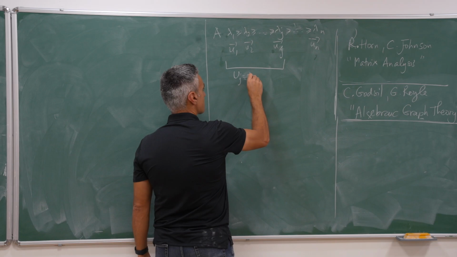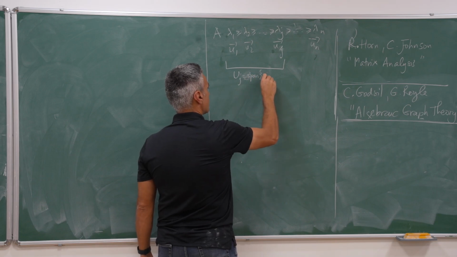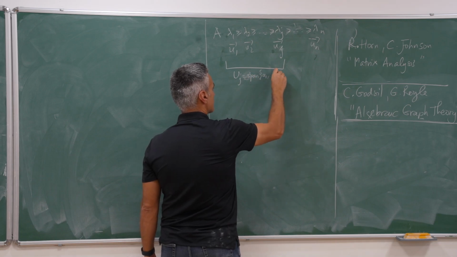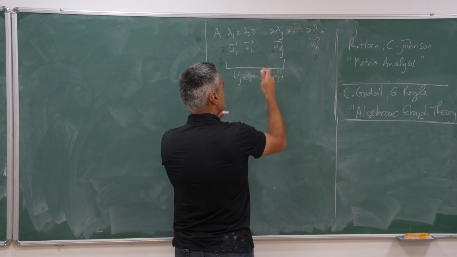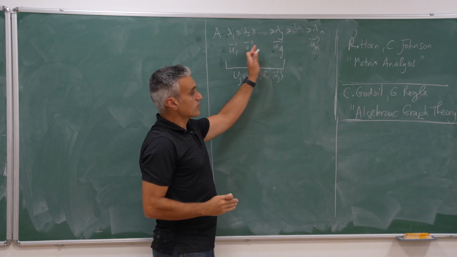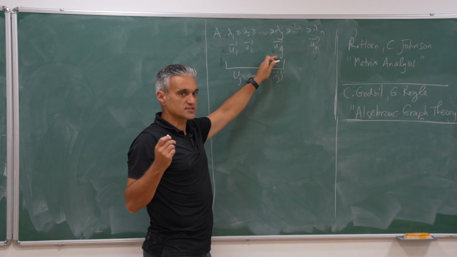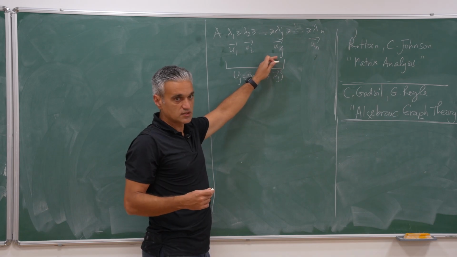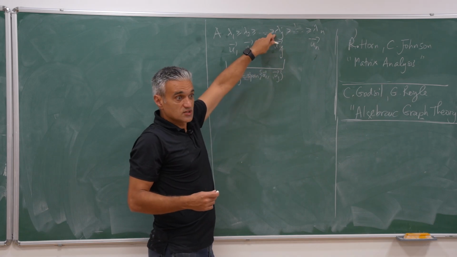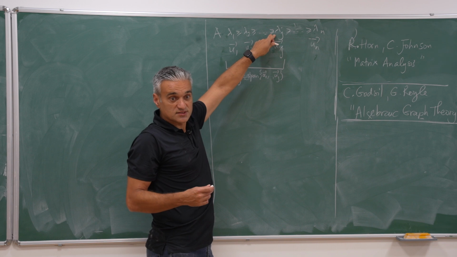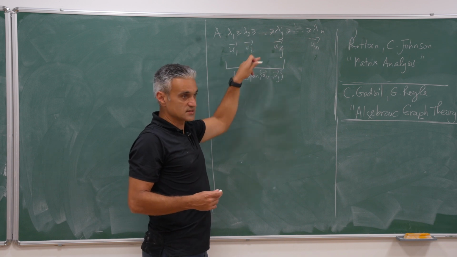This will be the span of u1 all the way to uj. If you are in this span and you take a vector from here and look at the Rayleigh quotient, lambda j loses because lambda j is the smallest in this set.